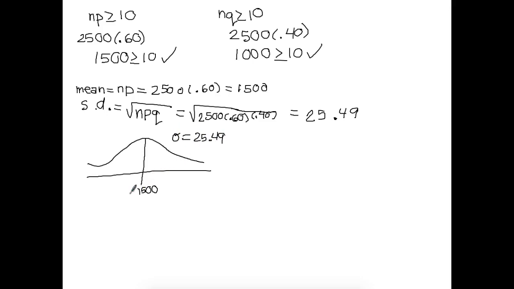And the thing we were investigating, remember, was at least 1,520. So if we're saying at least, we're shading in this direction to the right. Okay, now we want to calculate our z-score. So this is going to be our score minus the mean over the standard deviation.